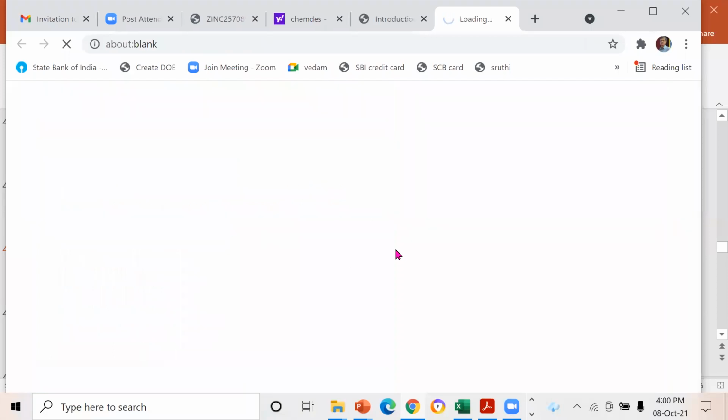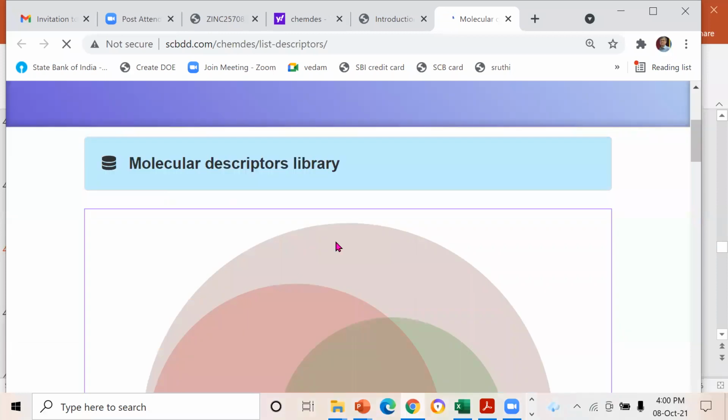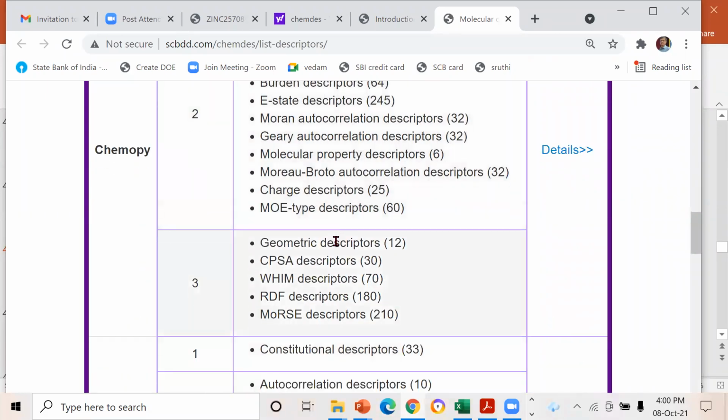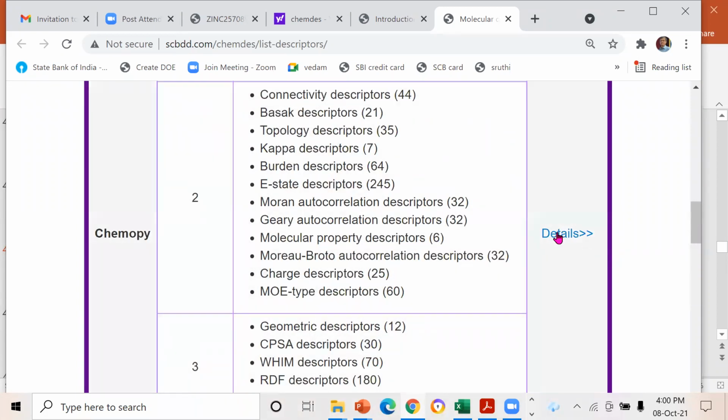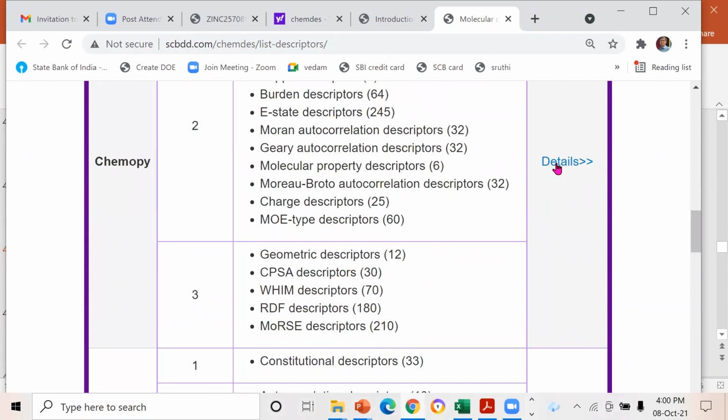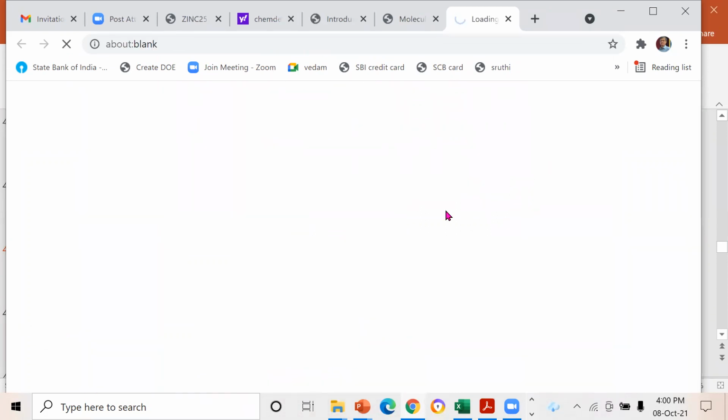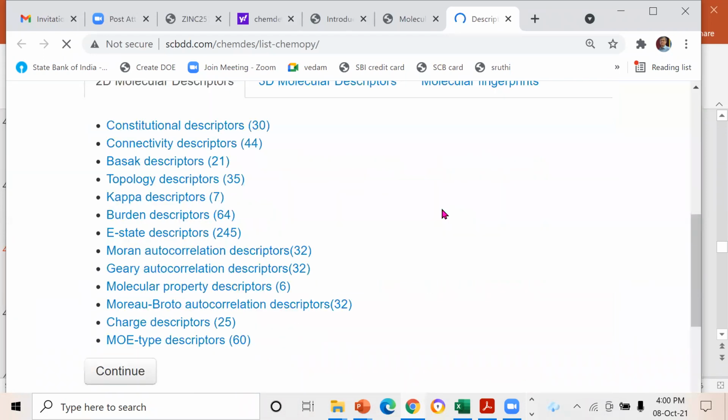You can look at the literature also. It gives many descriptor libraries, so we can get details of these.